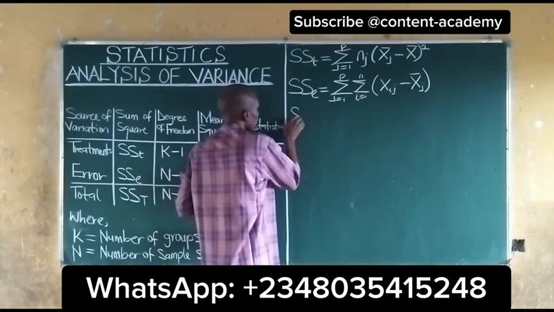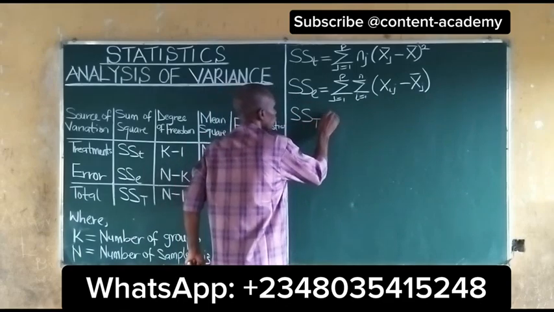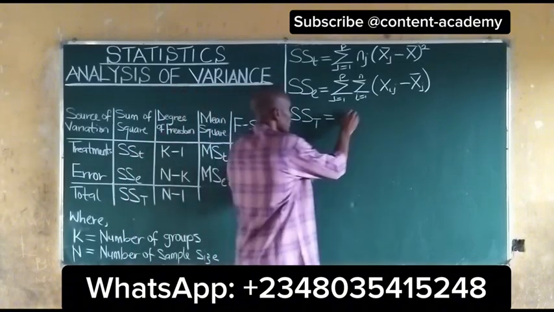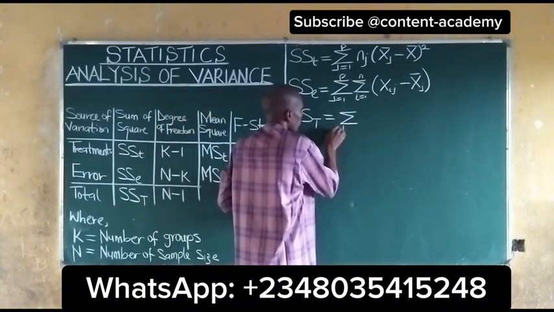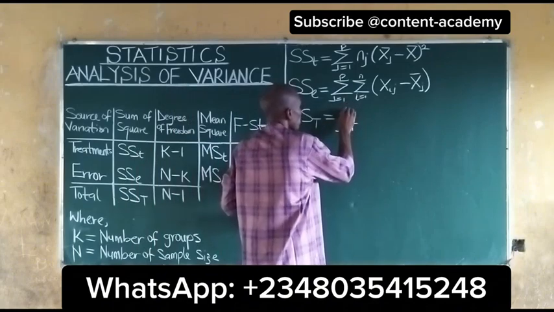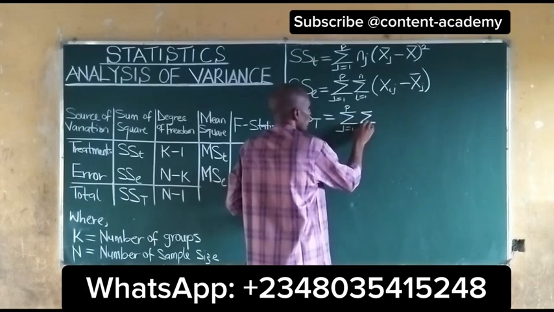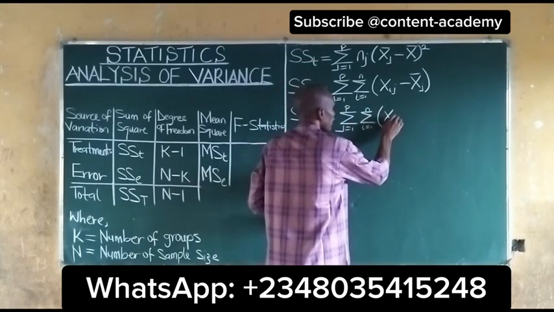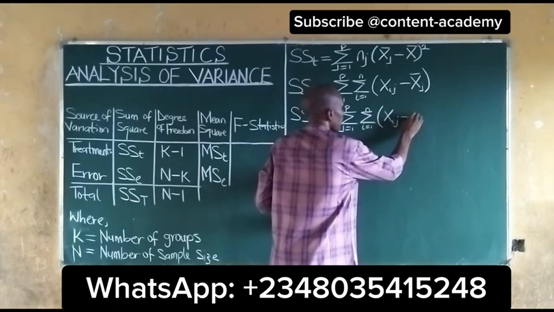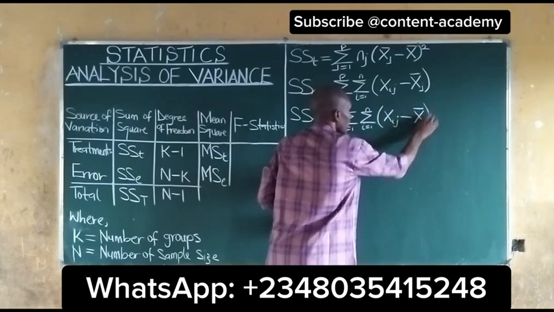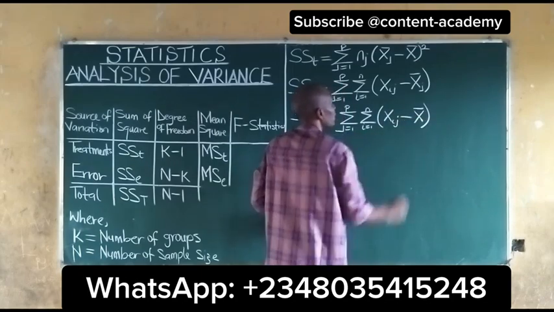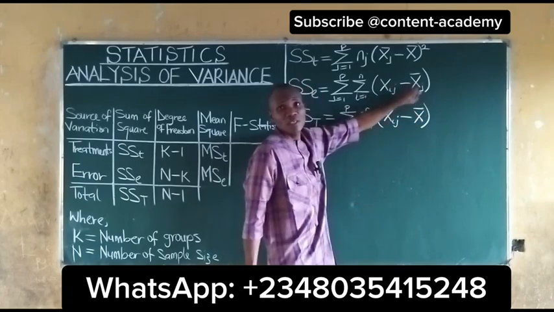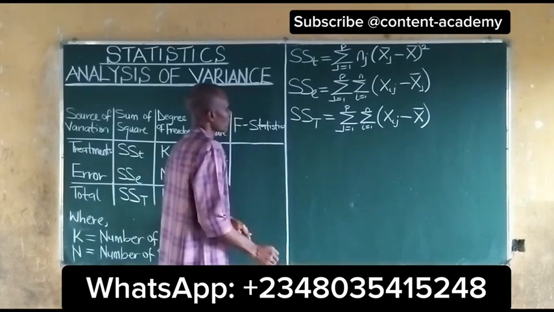How about the sum of square total? How do we compute the sum of square total? The sum of square total is equal to the summation of j running from 1 to p, summation of i running from 1 to n, of xij minus the grand mean. This bar is called the grand mean. This and this are the same, while this is the mean between groups.